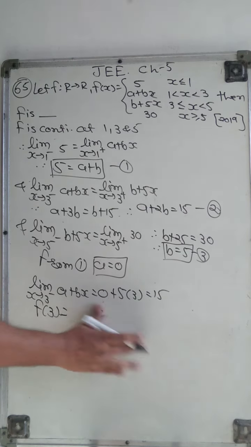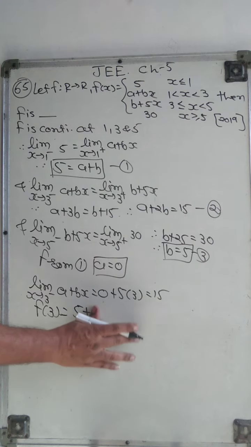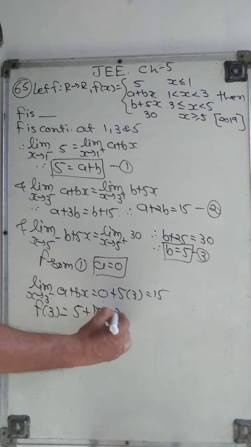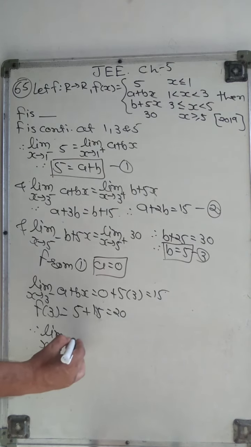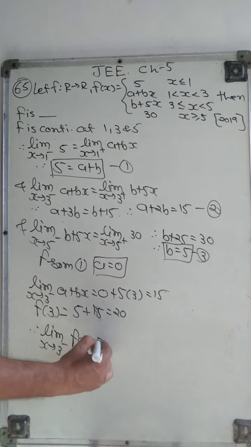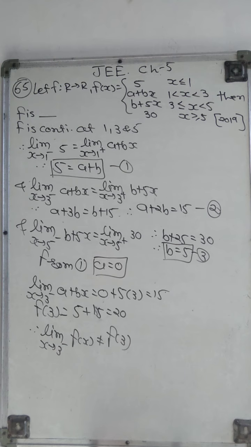It means here we directly put 5 plus 15. It is 20. So therefore these two are not equal. Therefore limit x tends to 3 minus of f(x) is not equal to f(3). So we can say that f is discontinuous. f is discontinuous at x equal to 3.